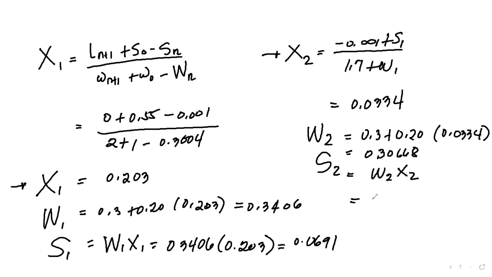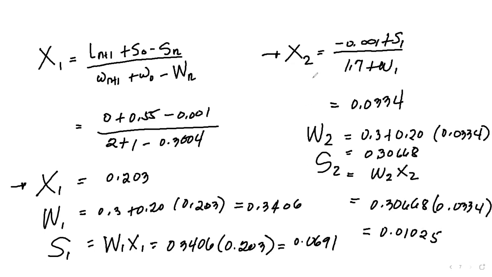So you will have 0.30668 times 0.0334. There's also a formula in finding the S other than multiplying these two. You can also use that one. It was presented to you in the previous sheets. So S2 in this case is 0.011025.